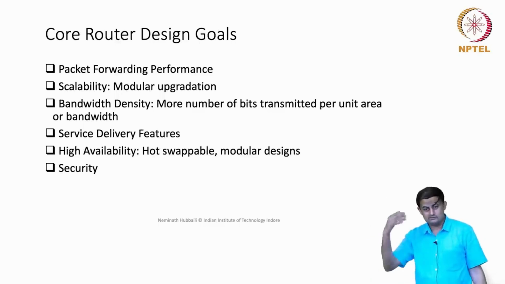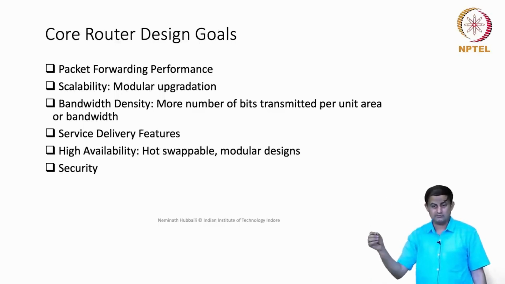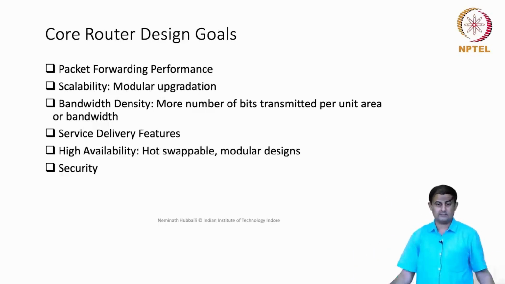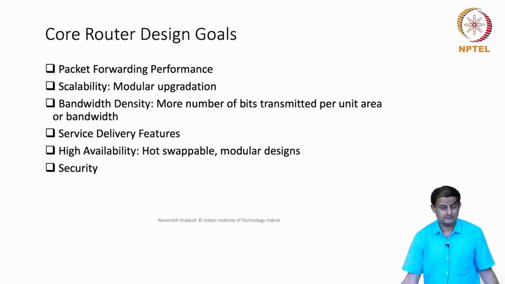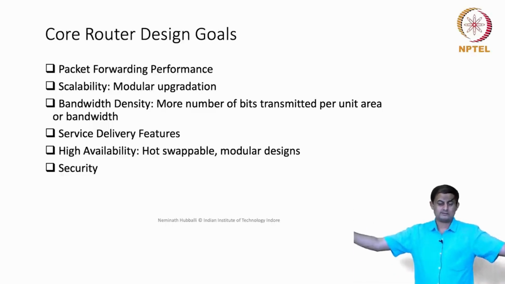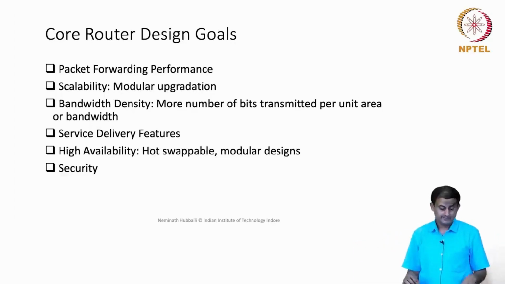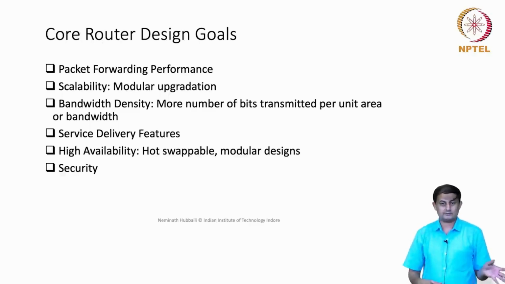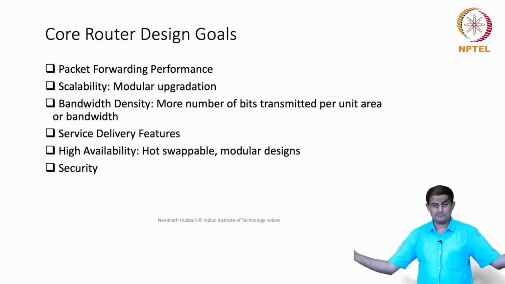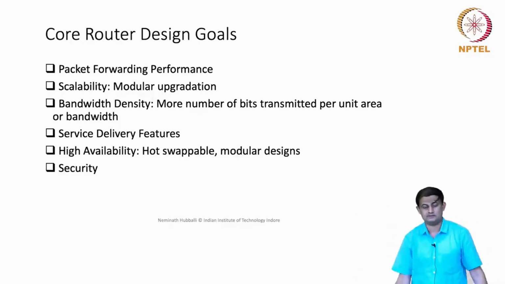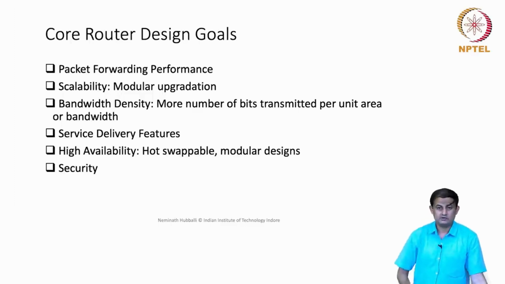The moment these routers are down even for a minute, it will disconnect the two internet service providers for that much time. So I need to design these routers for very high availability in a fault tolerant fashion, so that I can guarantee that this router is going to function 24/7, 365 days.